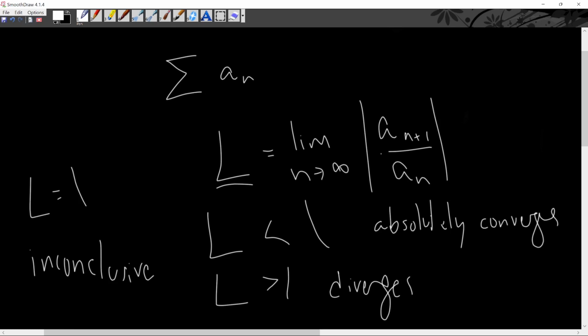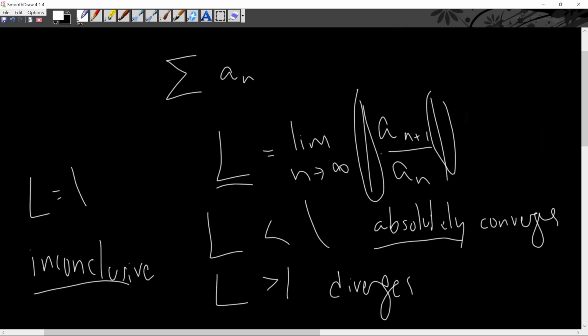This test only works for absolute convergence. The reason it is inconclusive, and not convergent or divergent, is that you don't know whether it conditionally converges or not, because we are taking the absolute value. As we defined in our previous video, absolute convergence is when you take the absolute value of every single term, add them all up, and still get an actual real value.